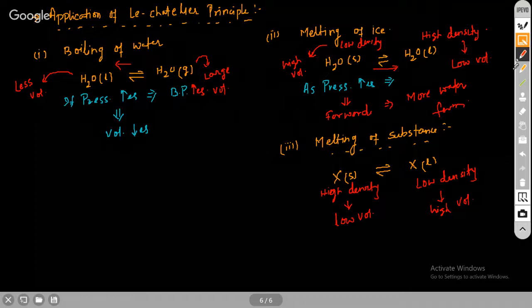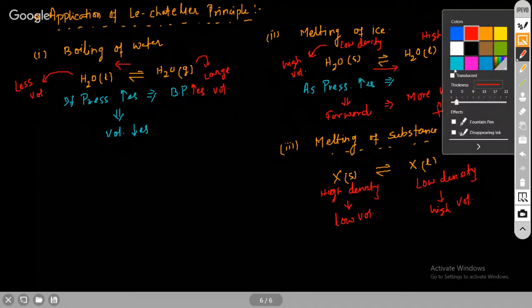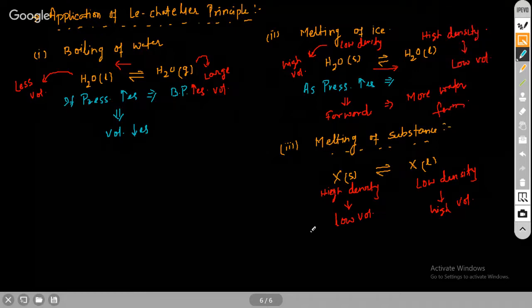Now in this, if we increase the pressure, the reaction goes towards low volume. As pressure increases, the backward reaction goes, the freezing point decreases, and more solid forms.